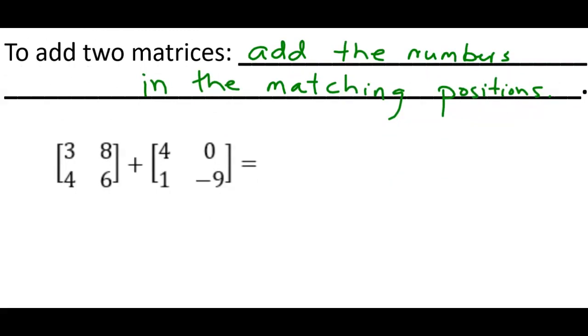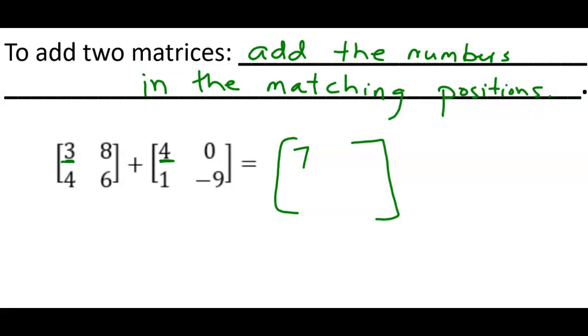Everybody look up here. Just watch up here while I do this, and then you can write it down, okay? So 3 is in row 1, column 1, right? 4 is also in row 1, column 1. So I'm going to add those 2 numbers together, and I'm going to get 7, and I'm going to write it in row 1, column 1.